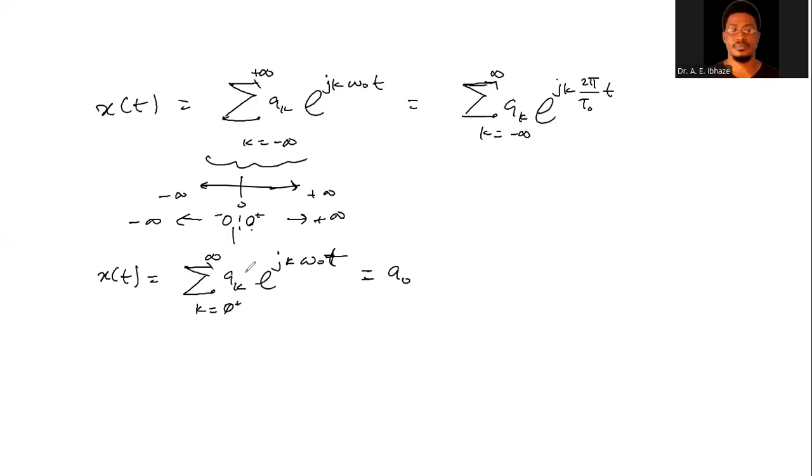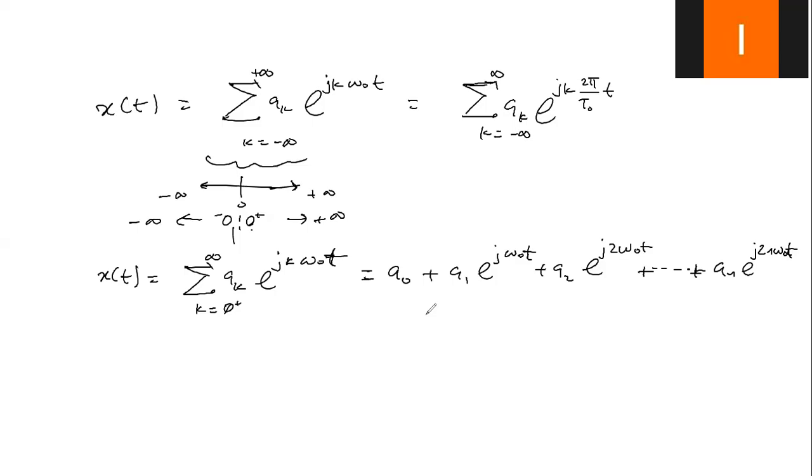And then when k is 1, 2, 3, 4, 5, we are going to have a distribution of this: plus a1 epsilon j omega naught t plus a2 epsilon j2 omega naught t, all the way to an epsilon j2n omega naught t. Okay? So now that we have been able to describe this, go ahead, Ekbo Isaac.